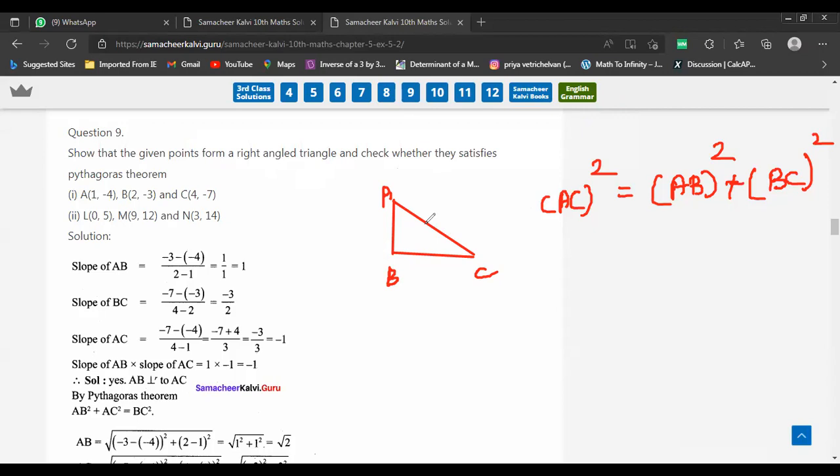If you look at the right angle triangle, there are two lines perpendicular to each other, isn't it? The line AB and line BC are perpendicular to each other. In this diagram, I'm not sure about the point; we need to check on that. If you take any right angle triangle, definitely two lines will be perpendicular to each other.